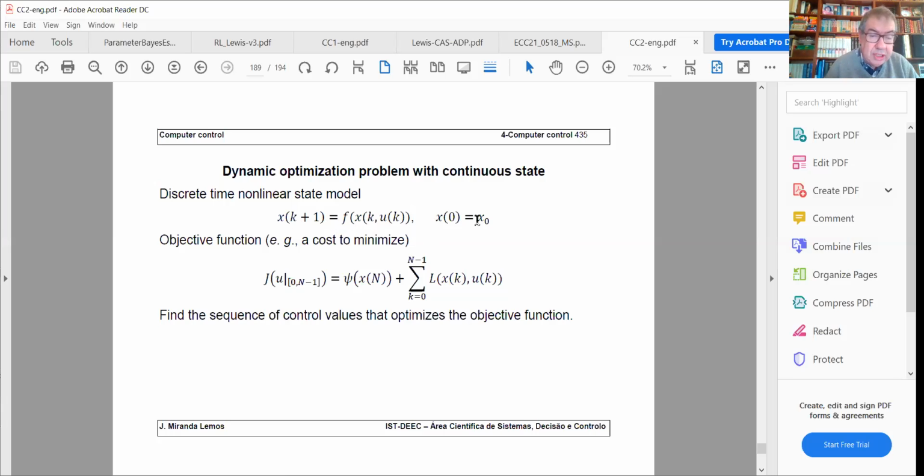Now, suppose that you operate this for a number of steps, from k equal to 0 up to k equal to n minus 1. So that's n steps because you started at k equal to 0. For instance, you are selecting the heating of your room for a period of, say, 24 hours, and you consider the energy spent every hour.